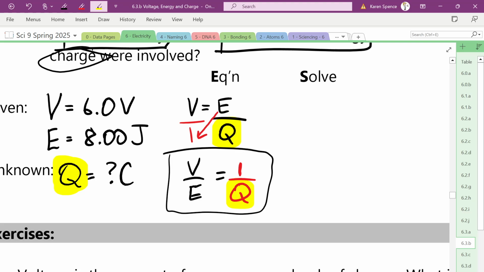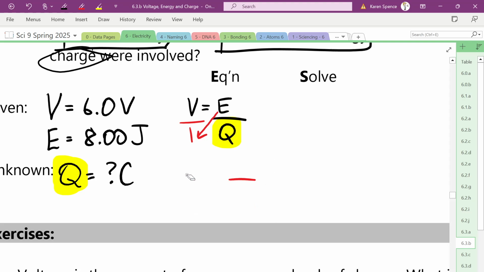So step number 1 is always to make sure that whatever you're looking for is on the top. Step 1, make sure that your unknown is on the top. So up it goes, and we have Q times V is equal to E.